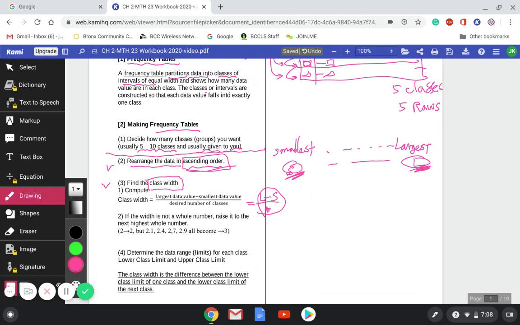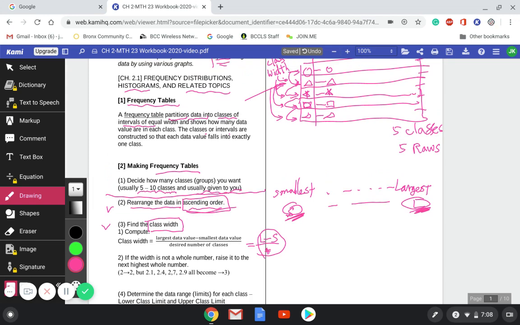Usually the smallest number is the very first number of the first class. After you rearrange the data, take largest minus smallest, and divide by the number of classes.